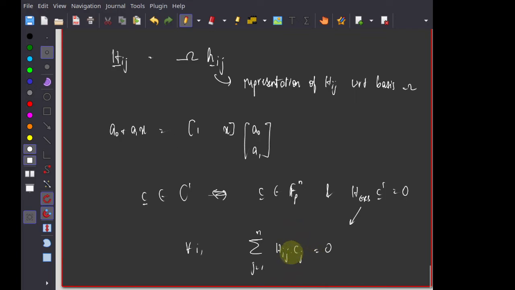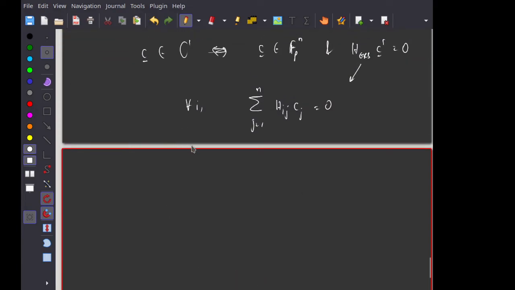So this is the set of all vectors c in Fp to the n such that this holds. Now I can write h_ij again in terms of my basis.